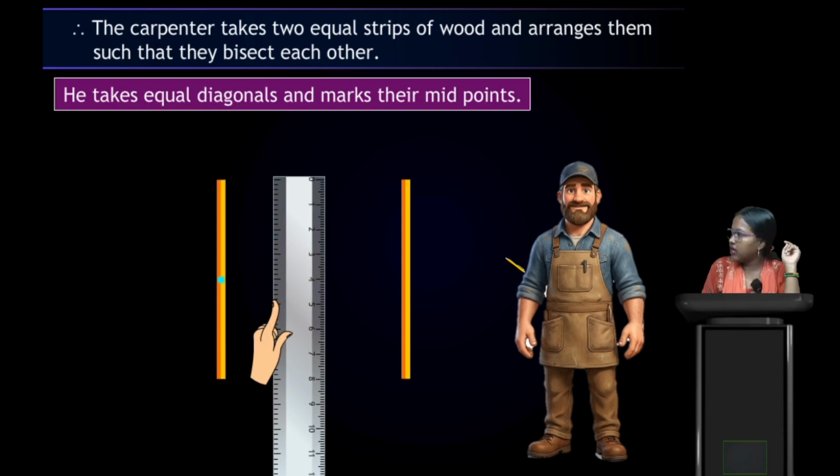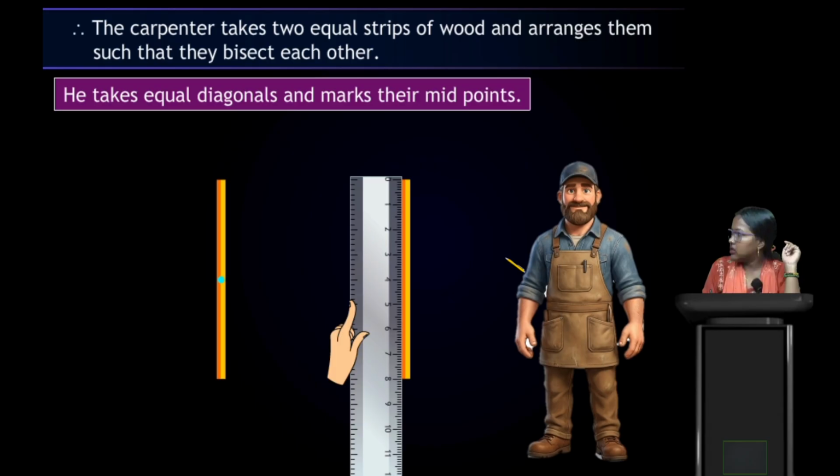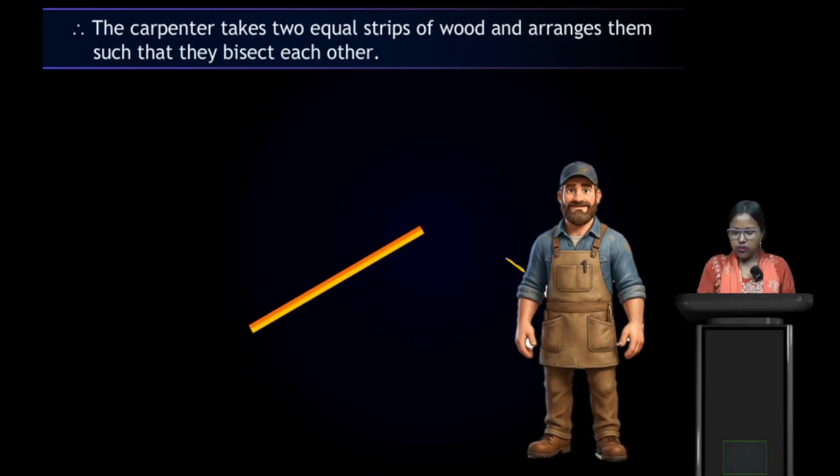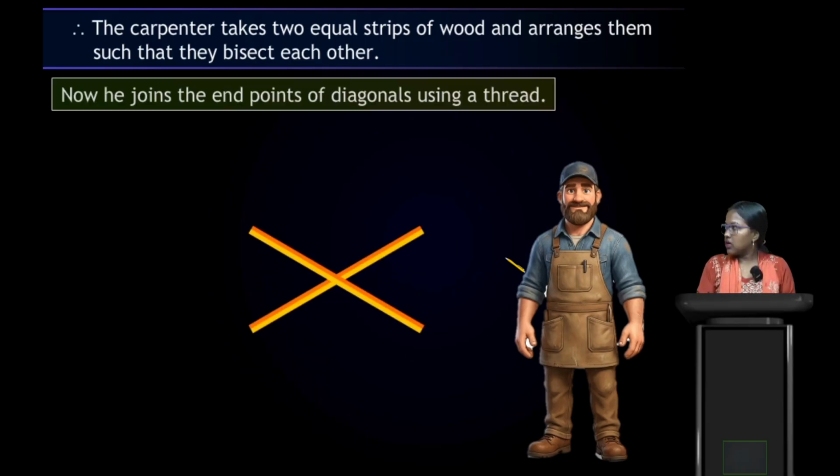Suppose this one is the midpoint and here also this blue dot is the midpoint. Now he makes the diagonals intersect at their midpoints, in such a way that they intersect each other at the midpoint. So he put it like this.